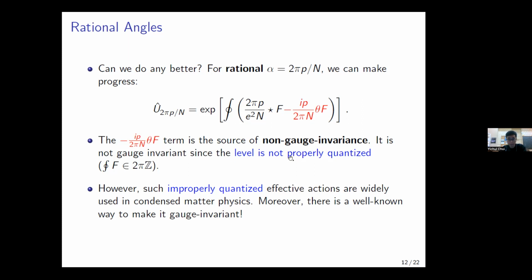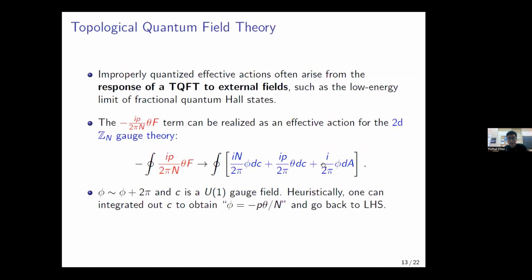However, this kind of fractional coefficient actually widely appears in condensed matter physics. Moreover, in that context, there is a well-known way to fix this non-gauge invariance. In more detail, this kind of improperly quantized effective action often arises from the response of a topological quantum field theory to external fields. The most famous example of this is the fractional quantum Hall effect.